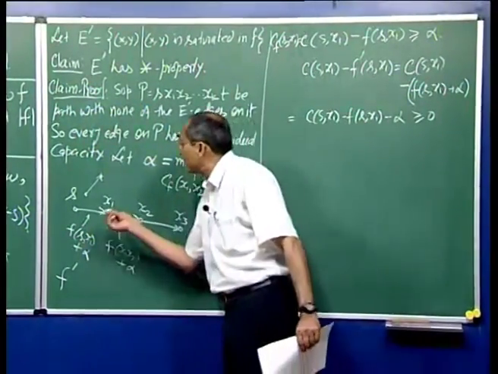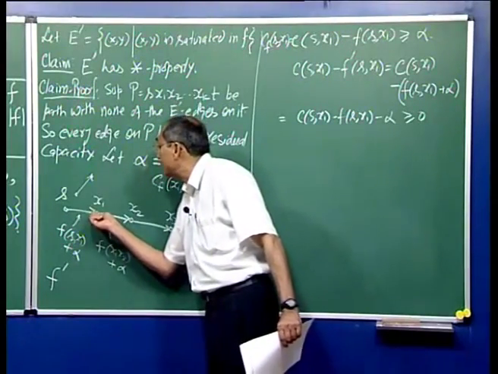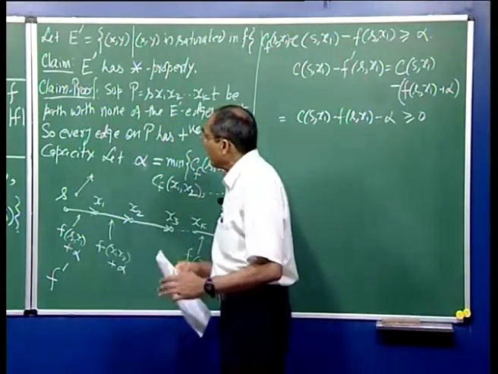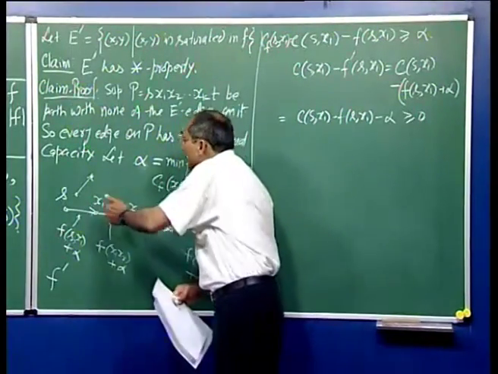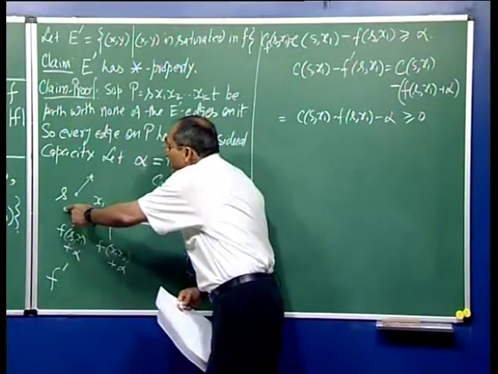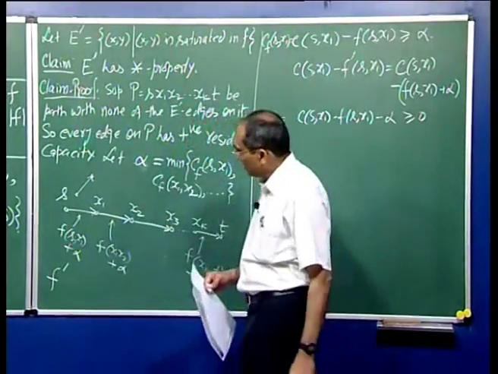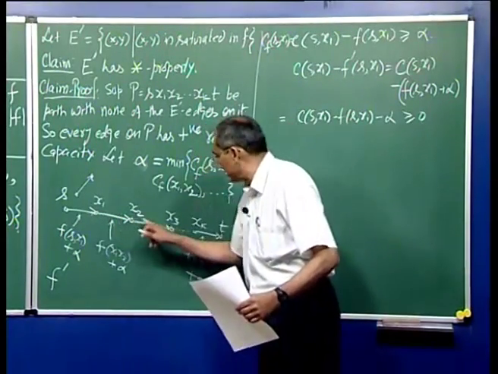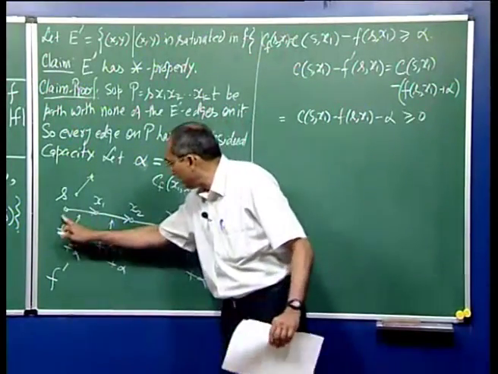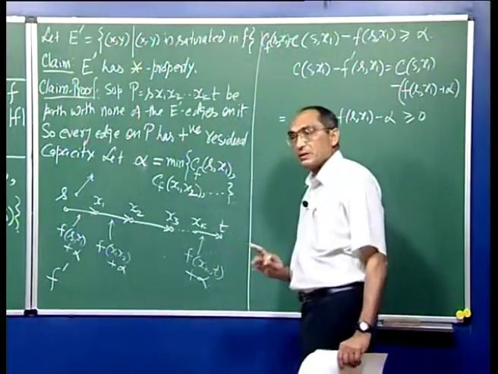Now, as far as the Kirchhoff's law, the law of conservation of the fluid is concerned, at this vertex, the earlier sum was 0, whatever was entering was leaving, and now we have added alpha entering and added alpha leaving. So, once again the net flow at each of these vertices is 0. It certainly is more for this and more for this.